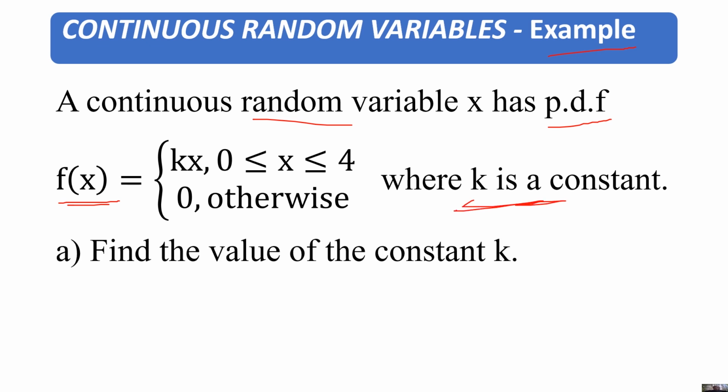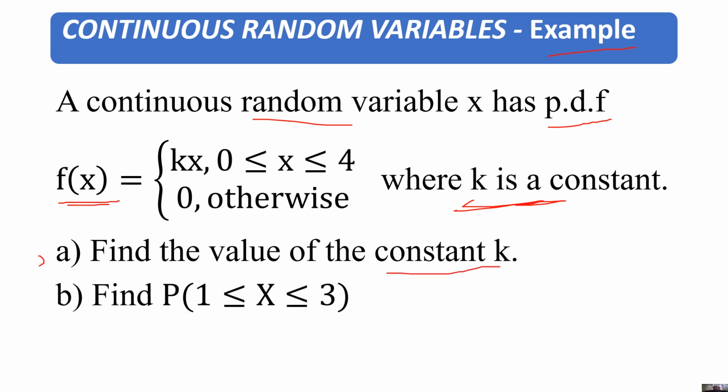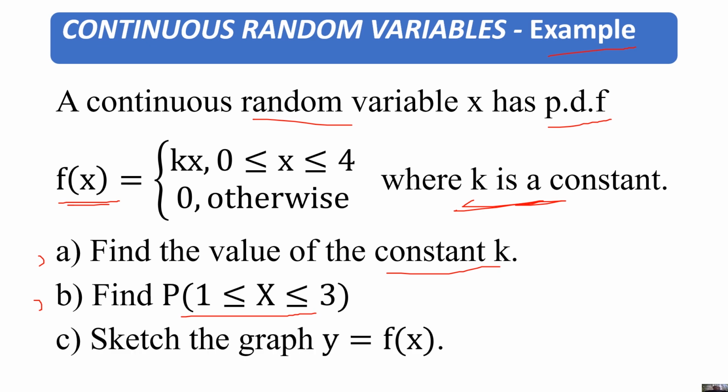Then A, find the value of constant k. B is to find the probability that 1 is less than or equal to x less than or equal to 3, and C is to sketch the graph y equal to f of x.